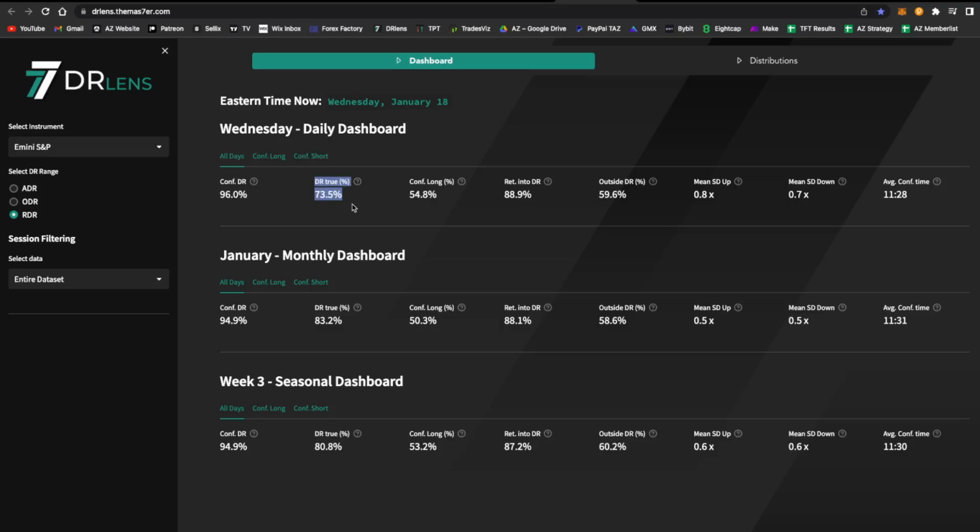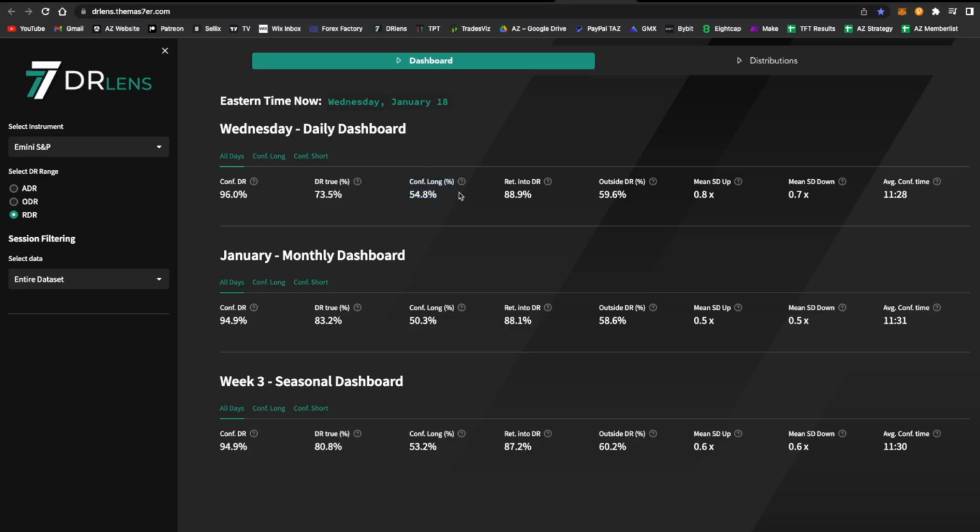So basically meaning that either the DR high or DR low kept holding as the session low for the IDR session. Generally speaking, on Wednesdays, we see a higher probability that it's going to be a long confirmation today. But of course, that's over the statistics over 20 years.